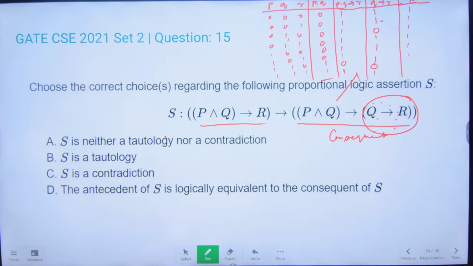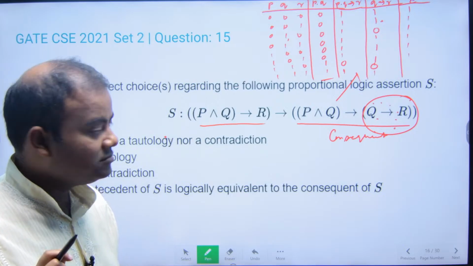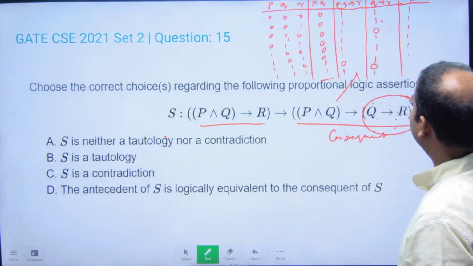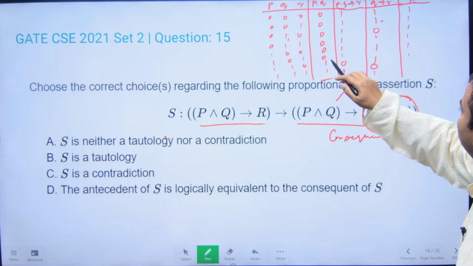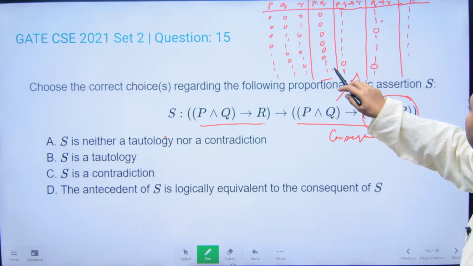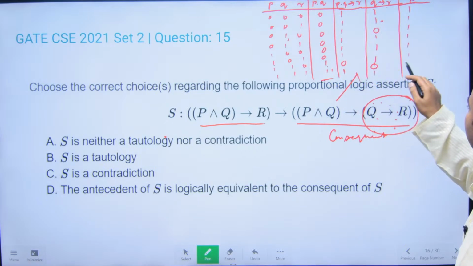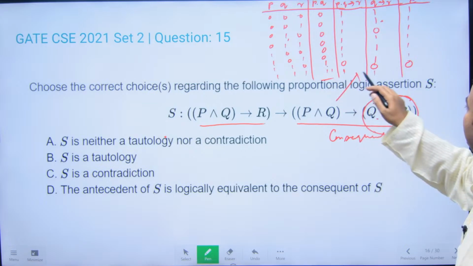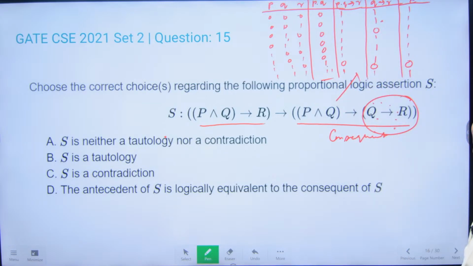Okay? Is it clear? So now you only have to think about these last two. What are they? Here it is 1, here it is 0, so this will become 0. Here it is 1, here it is 1, so this will become 1. Is it clear?